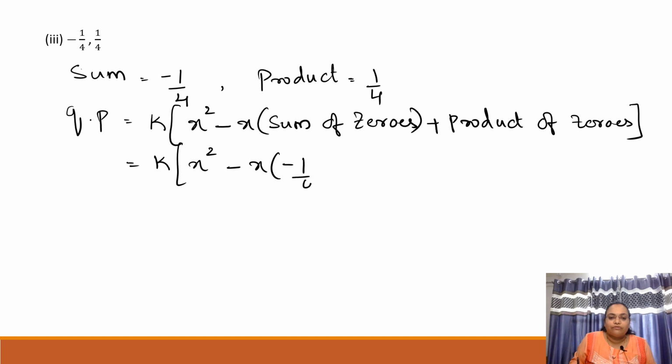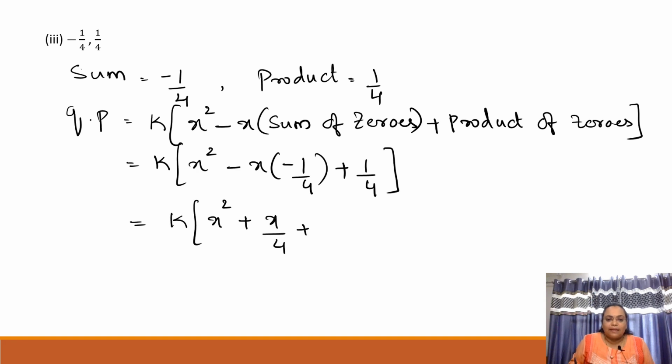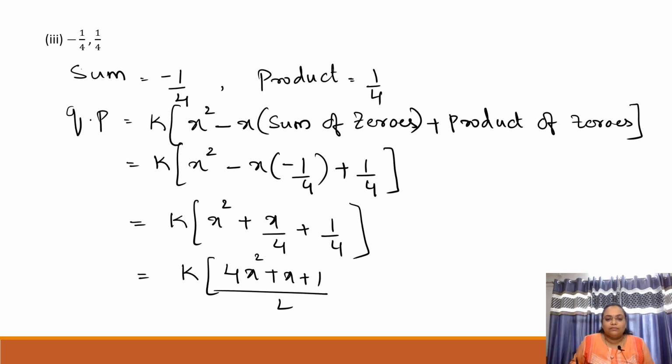It is minus 1 by 4, plus what is product of zeros? It is 1 by 4. Yes. So, it is k of x square plus x by 4 plus 1 by 4. Okay. So, this will be, let me take the LCM, 4x square plus x plus 1 by 4. Therefore, the quadratic polynomial will be 4x square plus x plus 1.